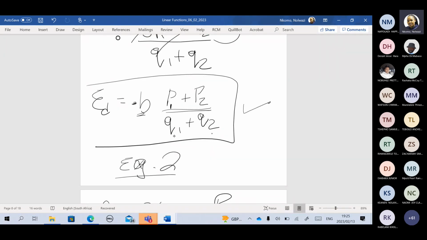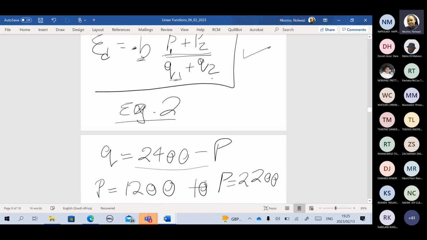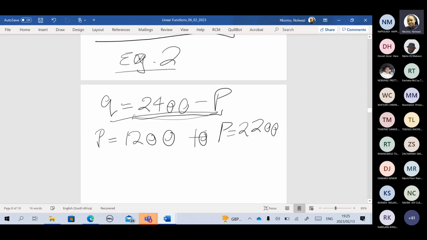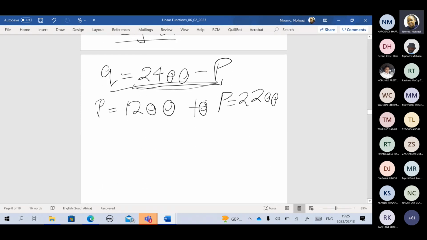We can get Q1 by substituting P1 into this equation, and we can get Q2 by substituting P2 into this equation. So the next step is to find Q1 and Q2.